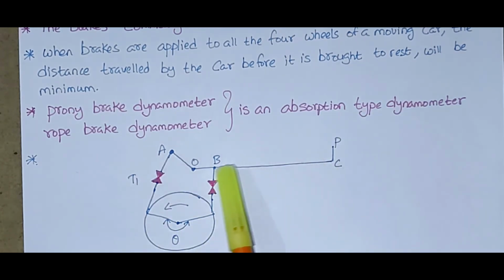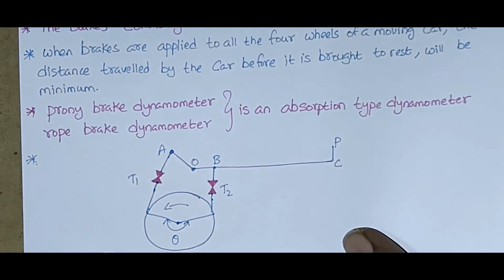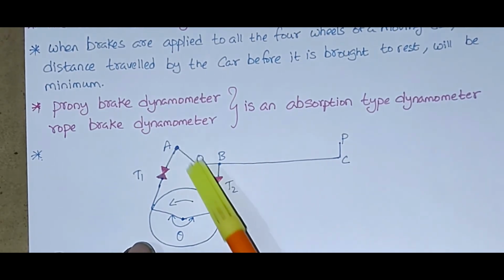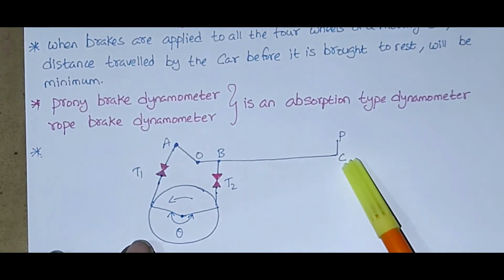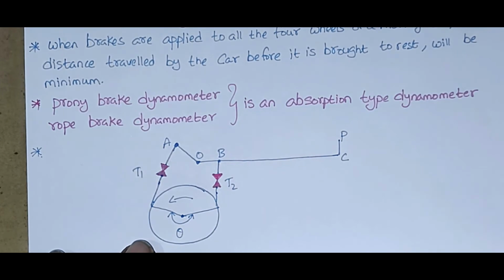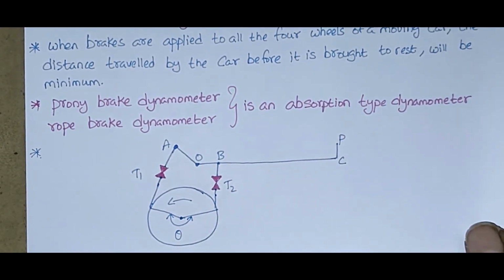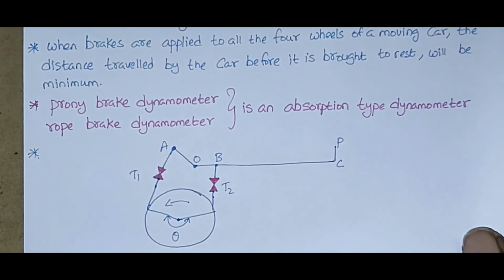See, in this diagram we can see the brake arrangement. Here we can see O, A, O, B, P and C. This is T1 and T2. Now, what are the questions we can get according to this type of diagram? We will see here.